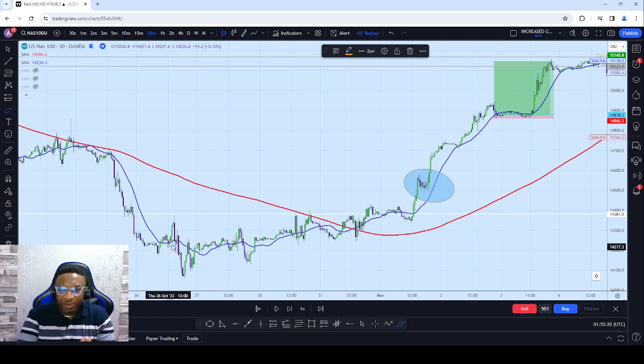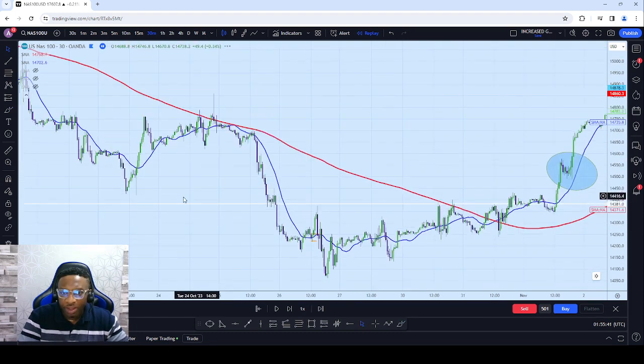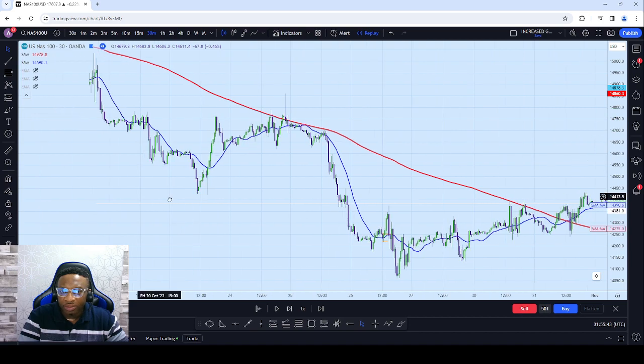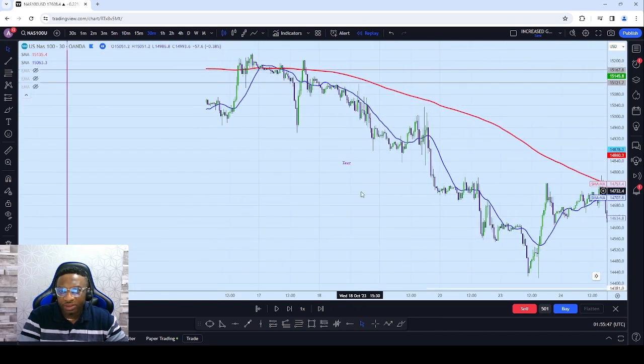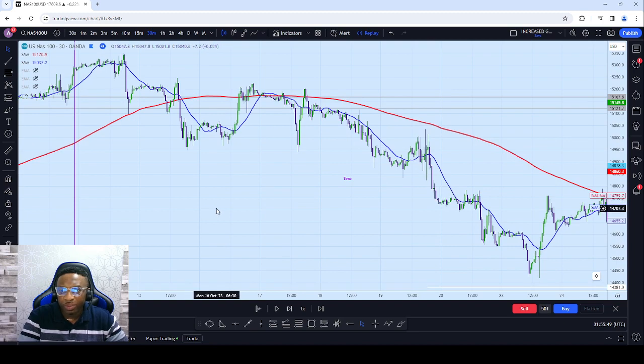So if you consider the risk you accepted and put in, compared to what you gain, it would have been 2 times or 3 times your risk, which is still a good opportunity. But we'll look out for a much bigger opportunity where price turned around and then pushed further up.